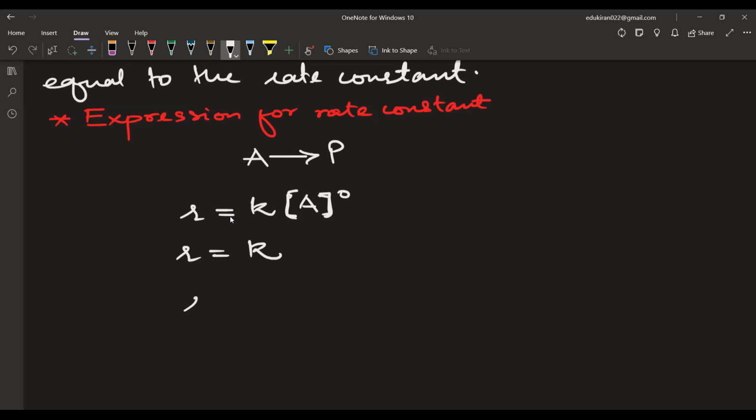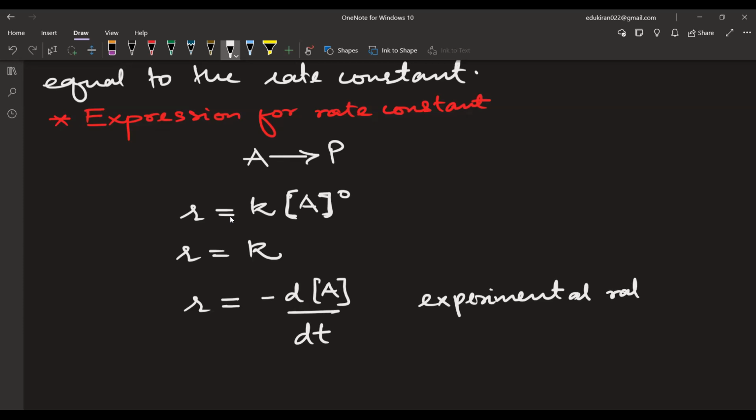But we also know that the rate of reaction is equal to minus dA upon dt. This is the experimental rate, which means you have to perform an experiment in order to get the rate. And this is the theoretical rate.